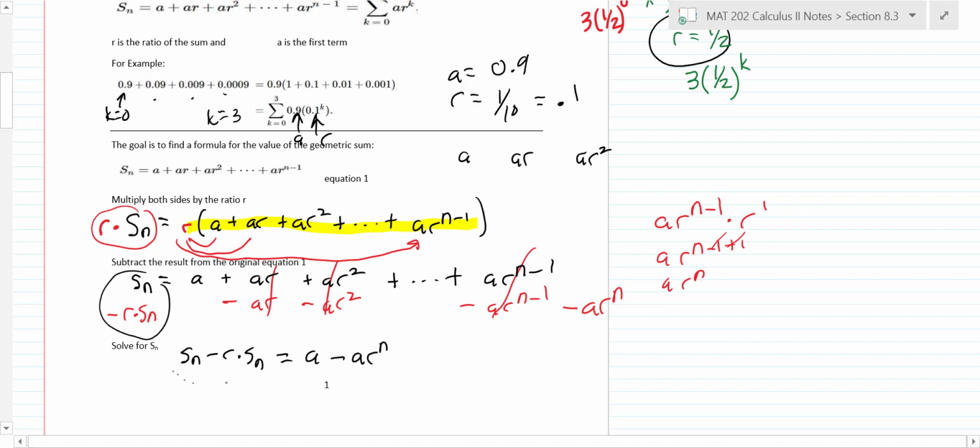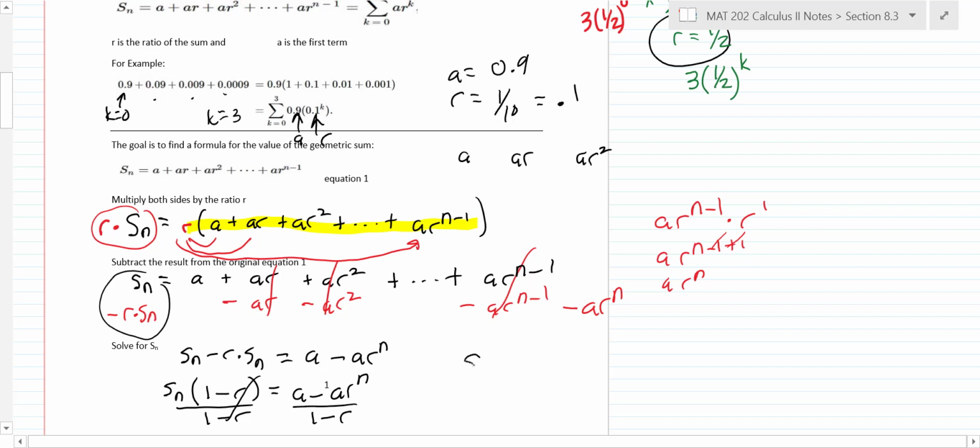Okay, so if we're going to solve for S of n, what would you do to the left side? What does it look like you can do algebraically to the left side? You can factor out an S of n. Good. So we have S of n times 1 minus r. Now I'm going to leave this alone. You could also factor that A out if you wanted to. Then what I'm going to do is just divide both sides by 1 minus r, like that.